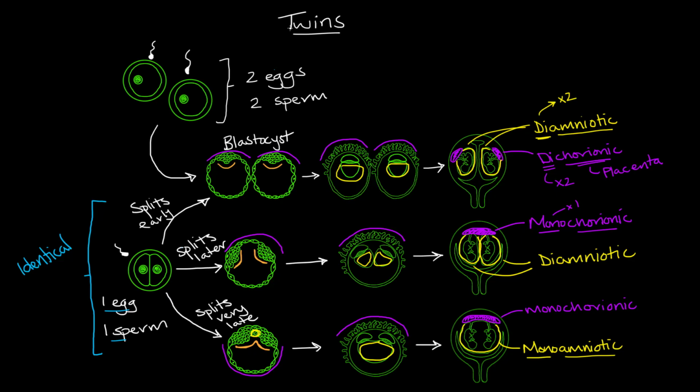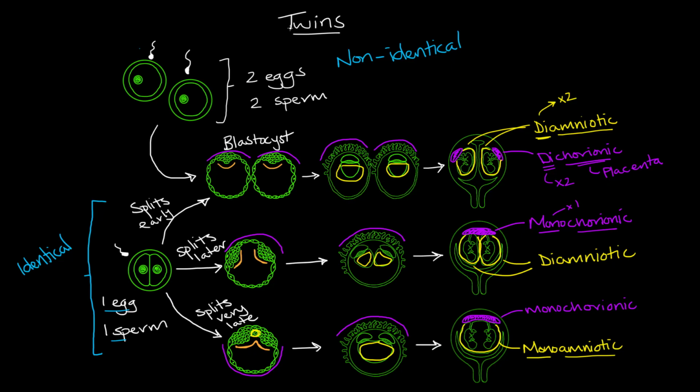For the twins that came from two eggs and two sperms, these are two completely different twins, so this would be non-identical. And that's because each egg was fertilized by its own sperm. This is basically getting pregnant twice just at the same time. So each egg would have its own DNA, and each sperm would have its own DNA.